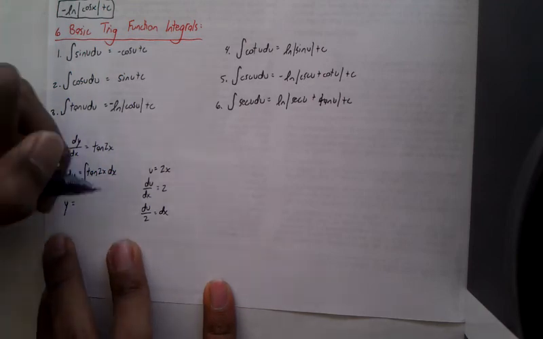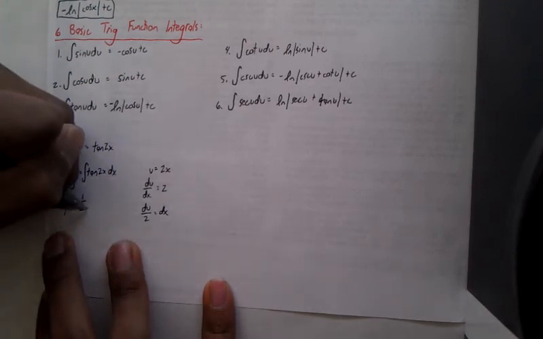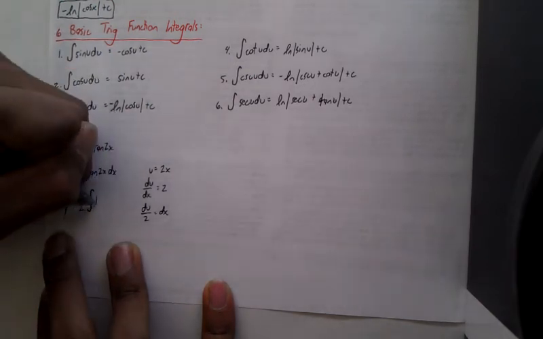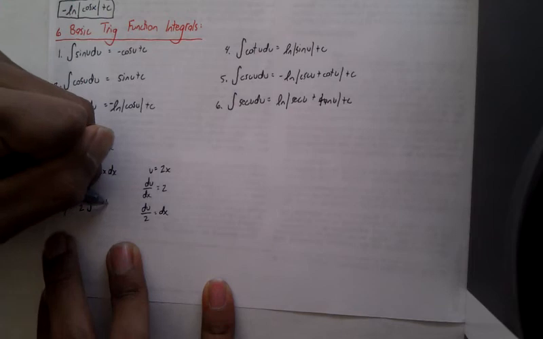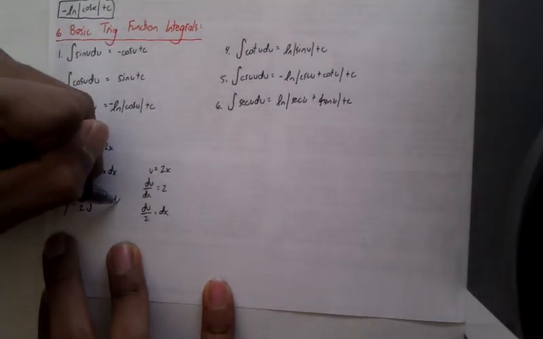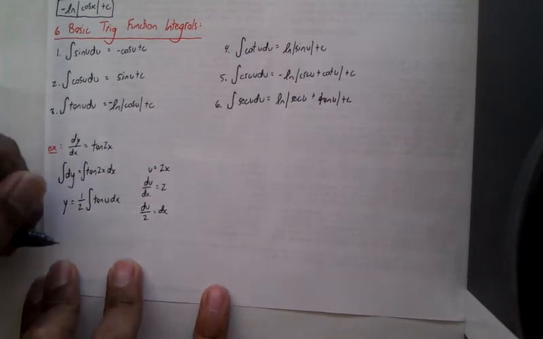So now I can rewrite this as 1/2. Since it's a constant, I pulled it out to the front, times the integral of tangent of u. We made a u substitution for that 2x dx.